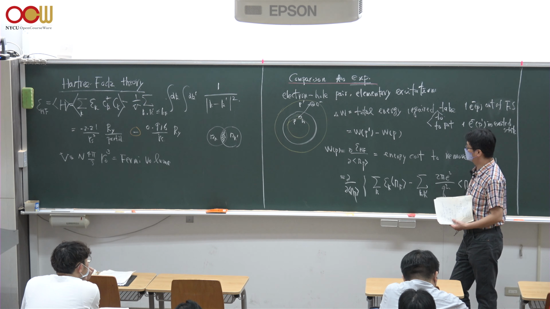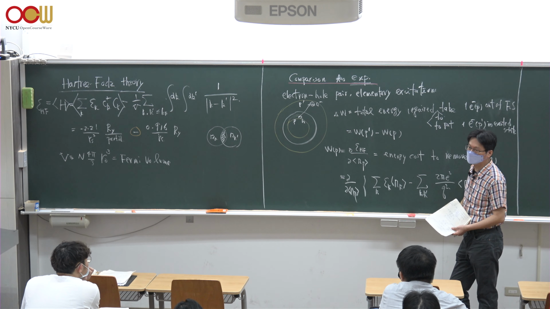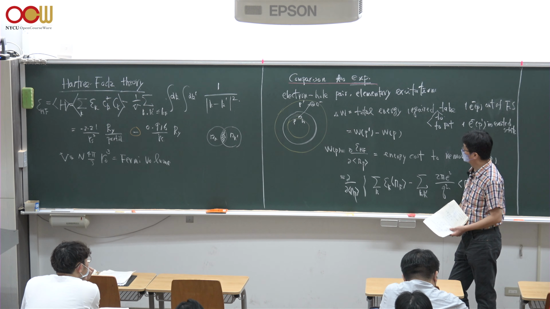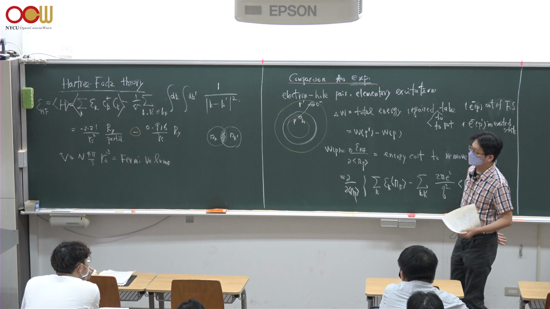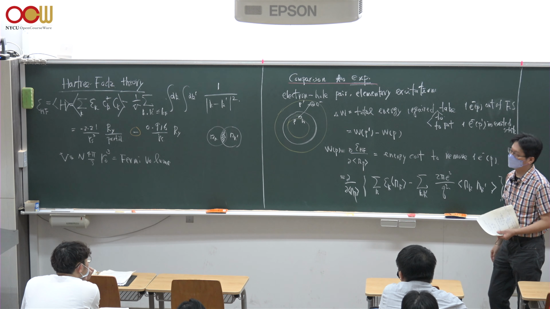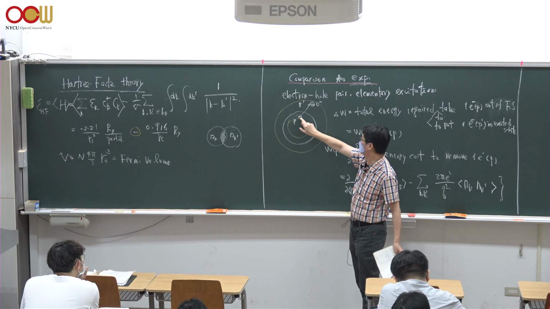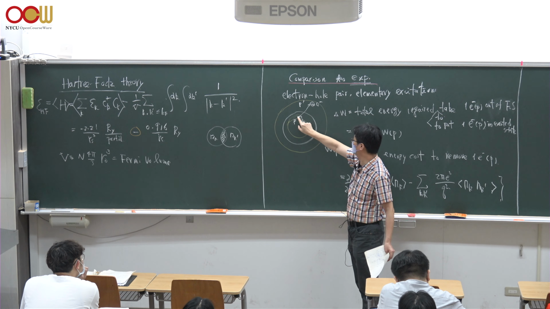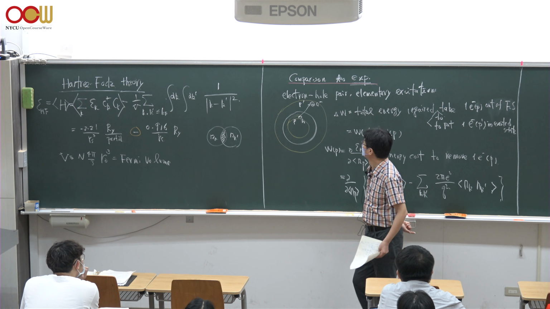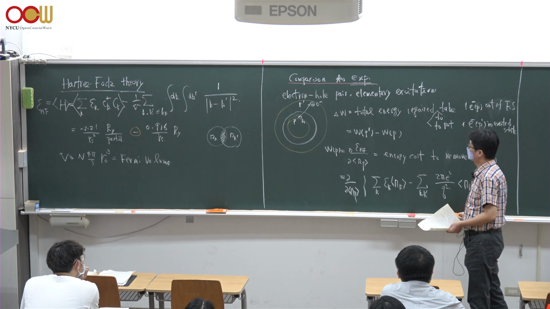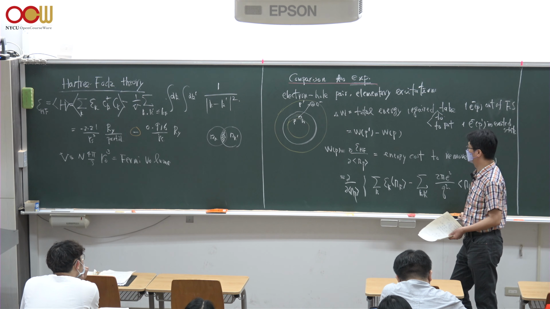Within such a framework, we need to calculate the energy cost to create such an electron hole pair. So you could separate this calculation into two parts. The first part is to remove an electron within the Fermi surface with a momentum p, and then I place this electron in another excited state above the Fermi surface with momentum p prime.